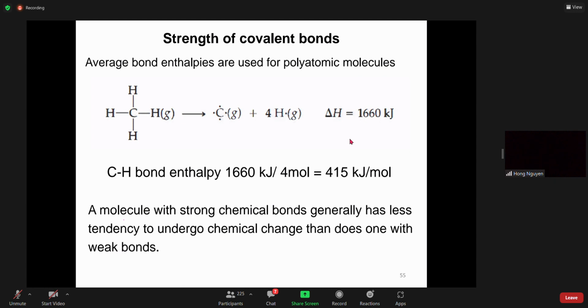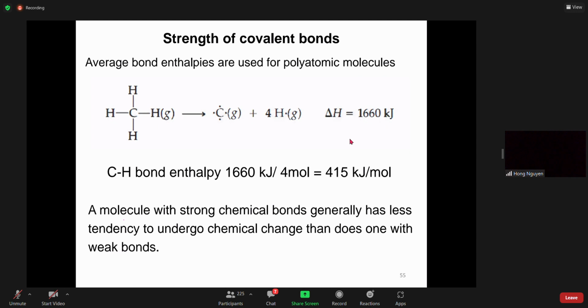When you cut the 4 bonds in CH4 to become carbon gas and 4 hydrogen atoms in gas, the enthalpy of this reaction is 1,616 kilojoules. So to calculate the bond enthalpy of one single carbon-hydrogen bond, you divide by 4, assuming that the 4 bonds are identical, so they have exactly identical bond enthalpy. From a mathematical point of view, this is acceptable.